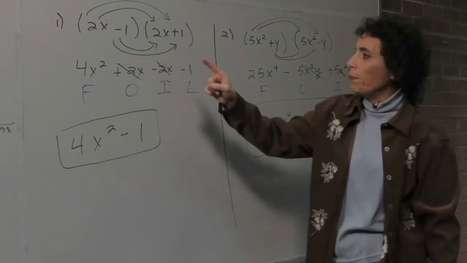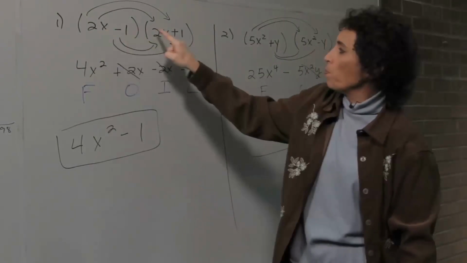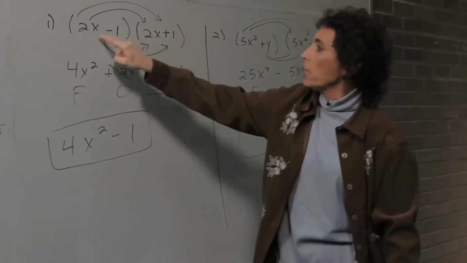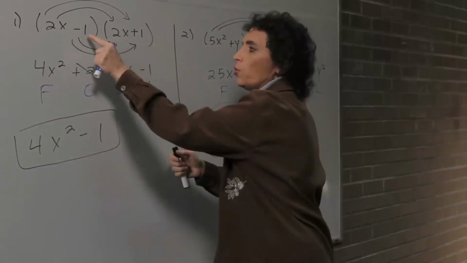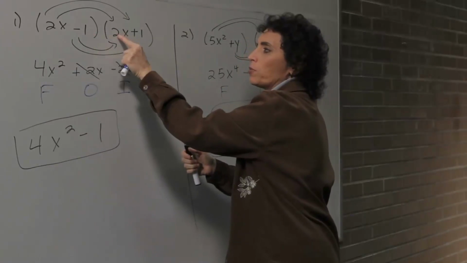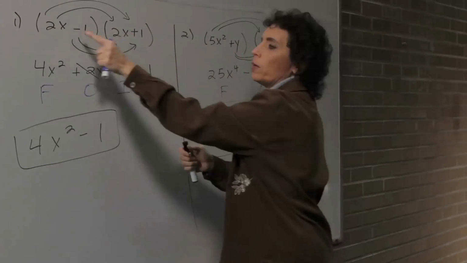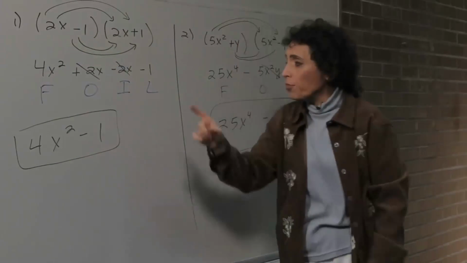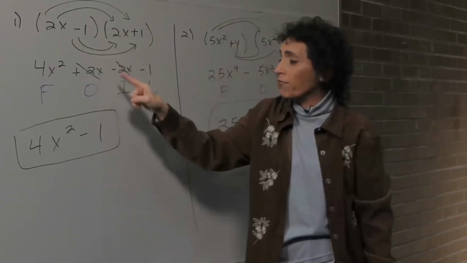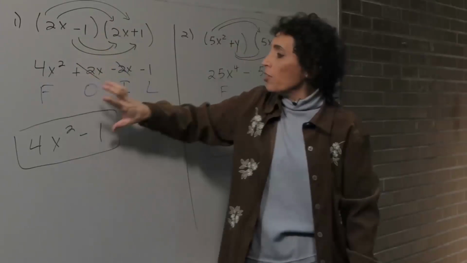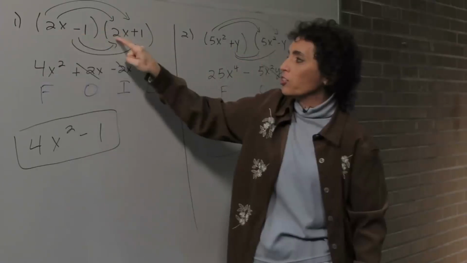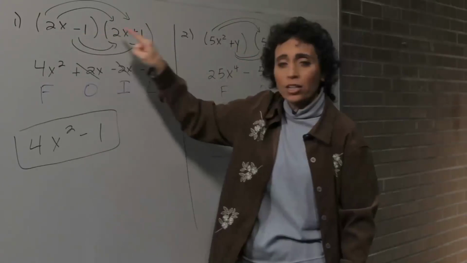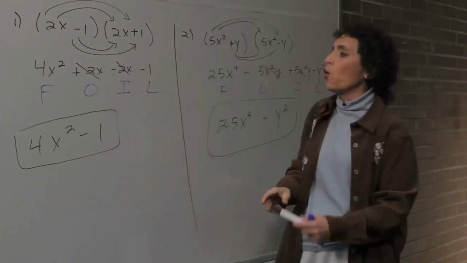Well, it happened because your first terms matched and your last terms were opposites. When you multiplied in here, you were multiplying a negative 1 times a positive 2x, and here a positive 1 times a positive 2x. So the middle terms cancelled because of that fact. That will always happen. The middle term will always drop out if your first terms match and your last terms, or second terms, are opposites. Okay, it will always happen.